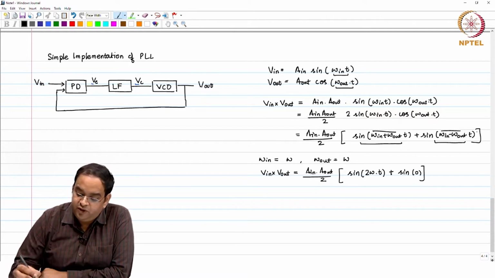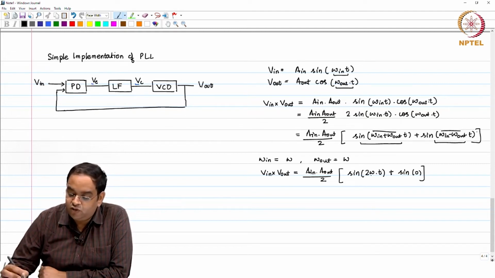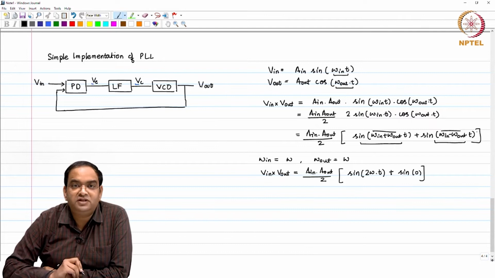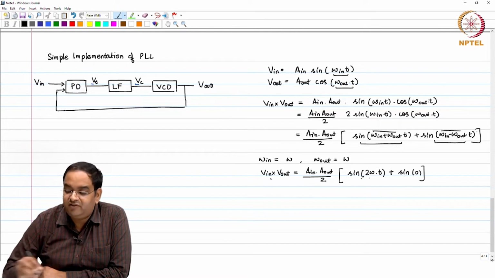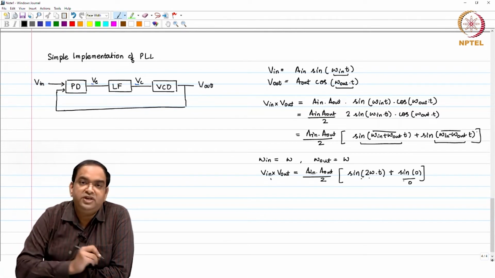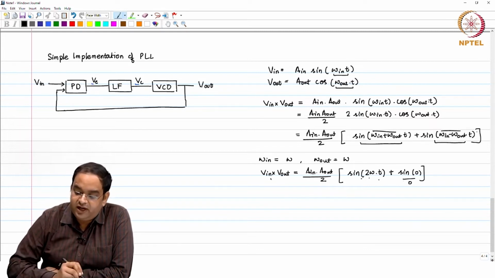So, if the two frequencies are the same, then you will see that there are two components at the output of this multiplier, V in into V out: one is at 2 times the omega frequency and the other term is 0 itself. So, this is what you have.